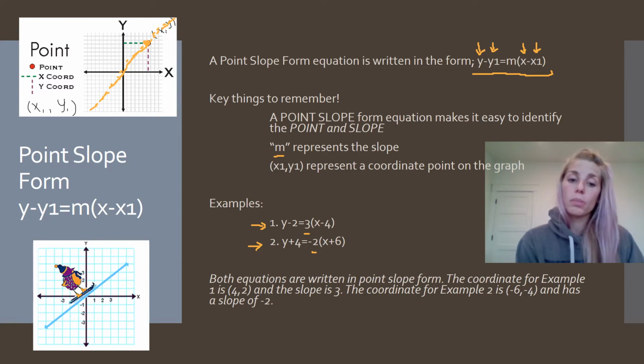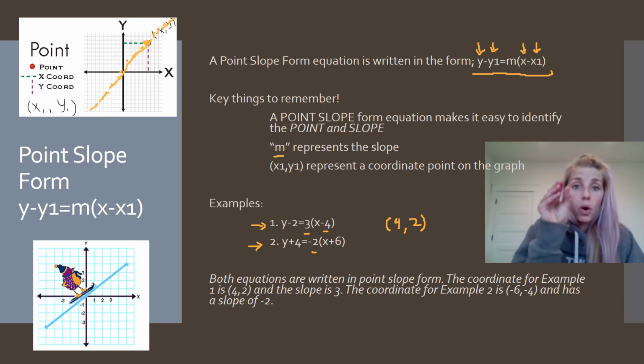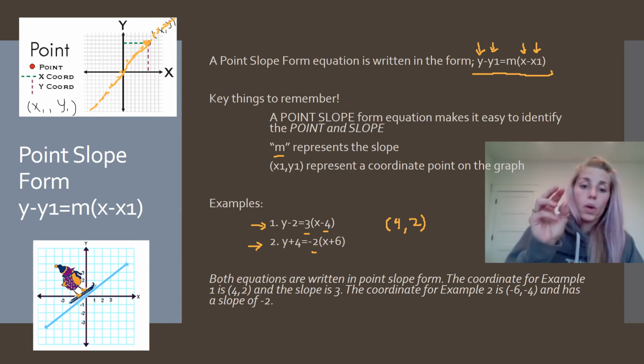And the thing that determines whether you have y minus a number or y plus a number is the point that you're using. So in example number 1, the point that we're using, the x value is 4, and the y value is 2. So it's like I just deleted the y1 and the x1 and I just put a 4 in for the x1 and a 2 in for the y1.